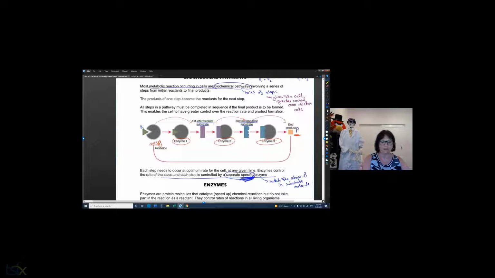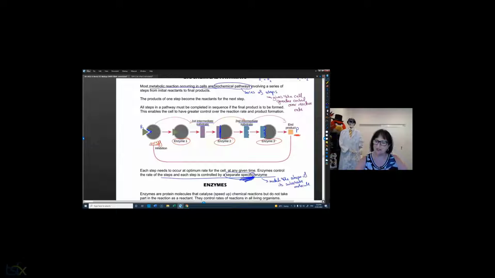So if you look at the diagram, the first reactant is a triangle, a green triangle. The enzyme has a shape to match it. The second is a purple rectangle. The enzyme matches that. The next one is a blue wobbly thing.